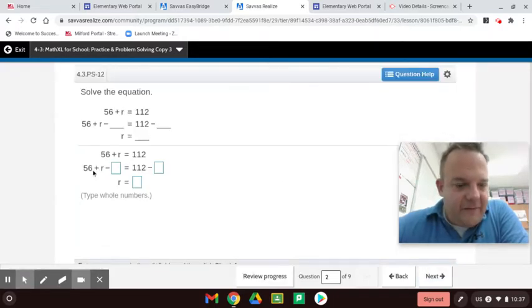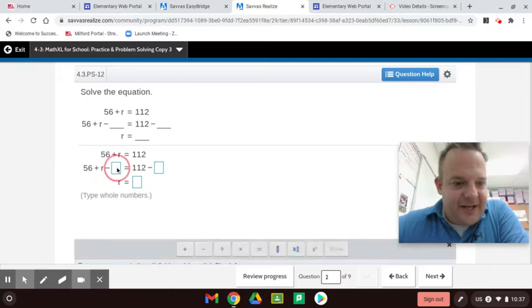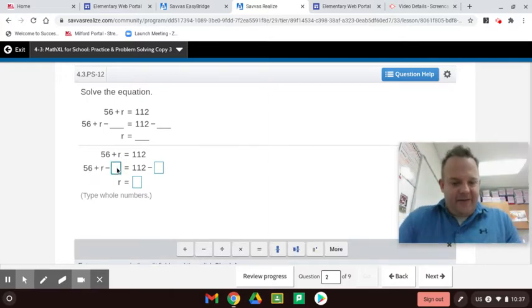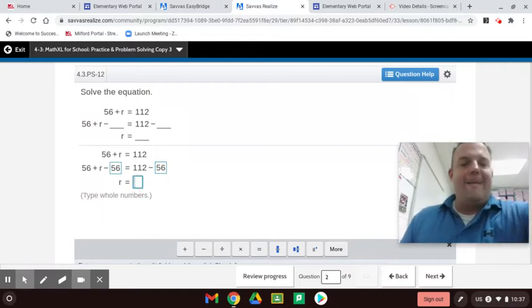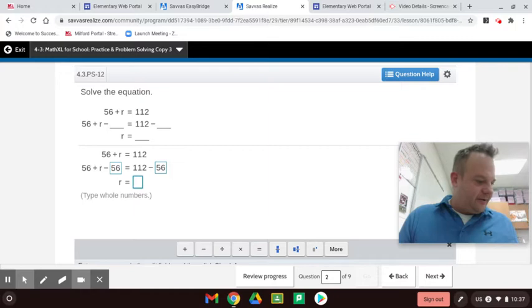All right, let's see. So here, 56 plus r is equal to 112. The inverse operation of adding is subtracting 56. So we'll subtract 56 on both sides, guys. And now you get 112 minus 56. And you are allowed to use calculators on this to do things like this. And you get 86.